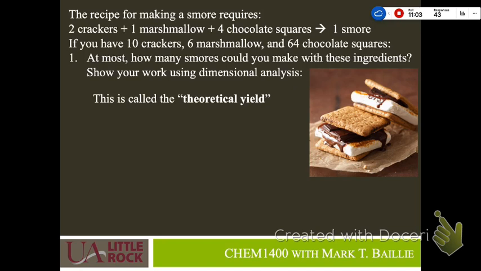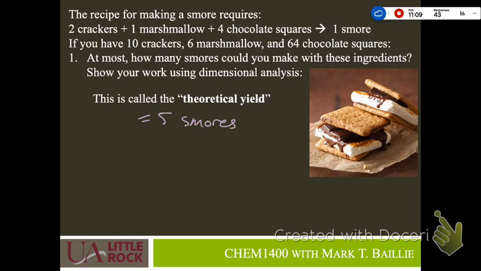Can someone put that term theoretical yield in normal people speak? Our theoretical yield here is 5 s'mores. What does that mean? What's that, Tony? What's expected to come out, like what you would think should happen?